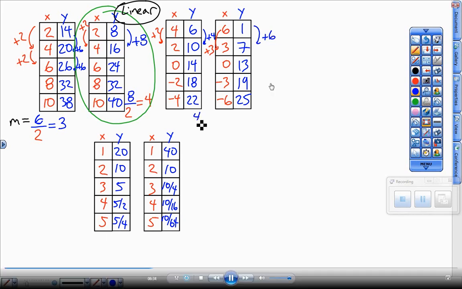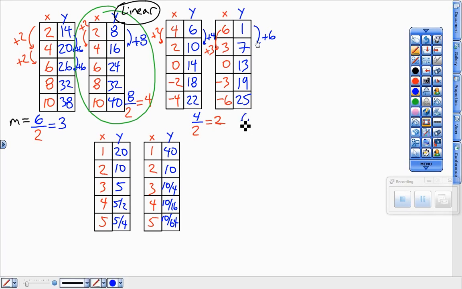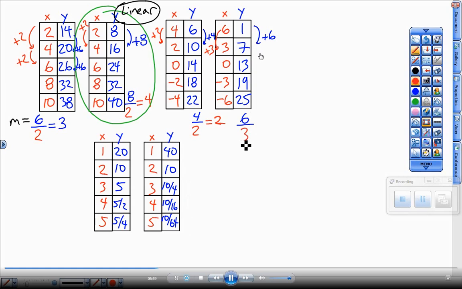If I divide that out, that would give me 4 over 2 for this one, which has a slope of 2. And then this one's 6 divided by 3. Also gives me a slope of 2.